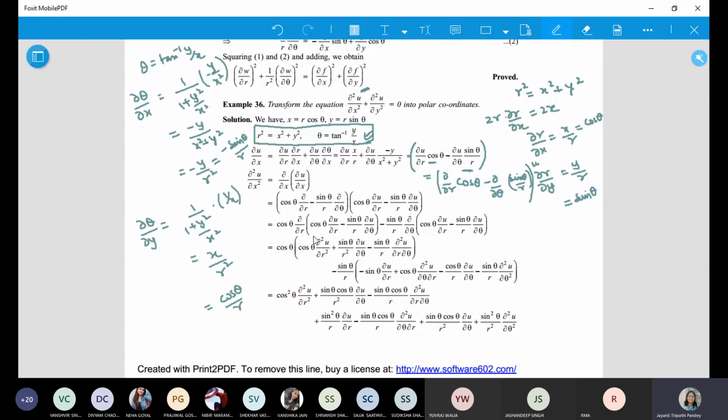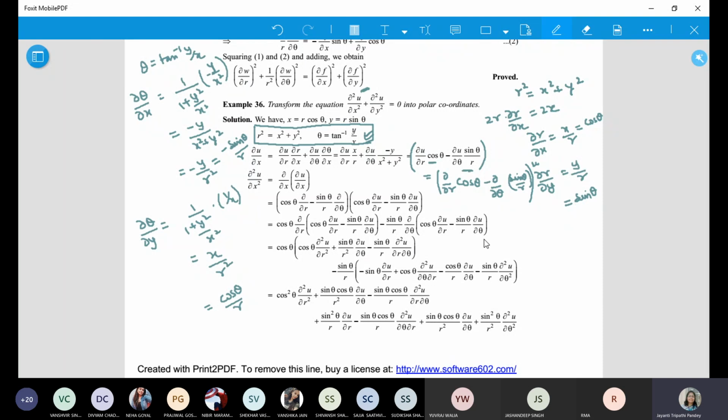Then you differentiate it. Cos theta is treated as a constant, and you will get del 2u by del r square, minus sin theta upon r del 2u by del r del theta.